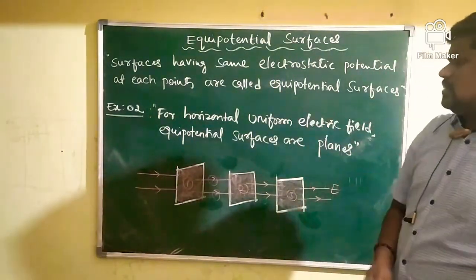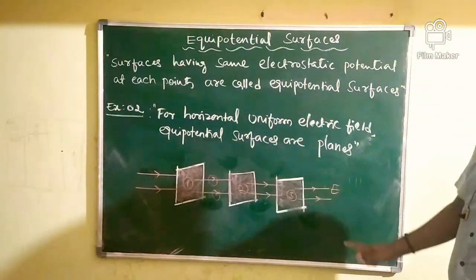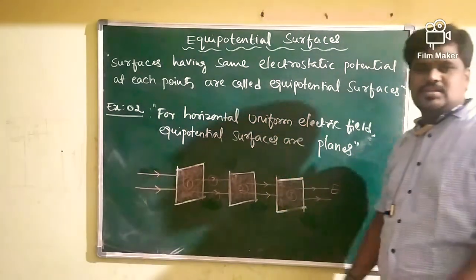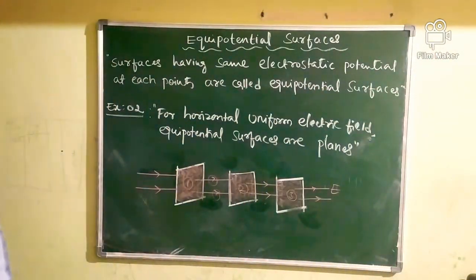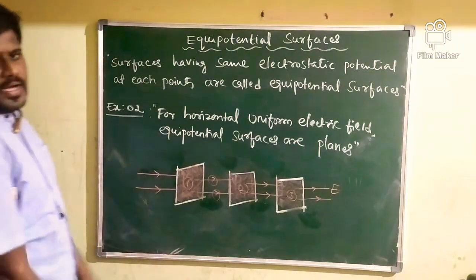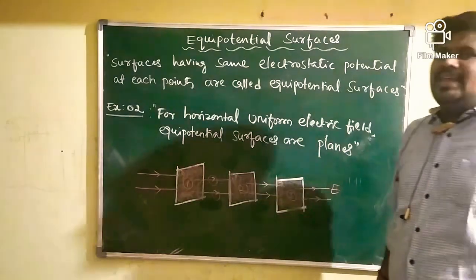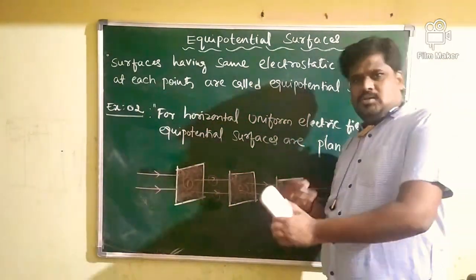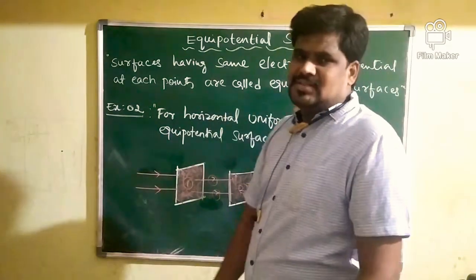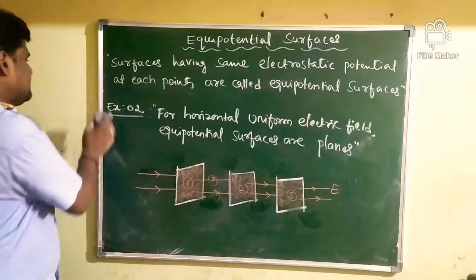So this is the second example, where I considered the nature of equipotential surfaces for a horizontal uniform electric field. Now I am going to explain some important properties of equipotential surfaces.